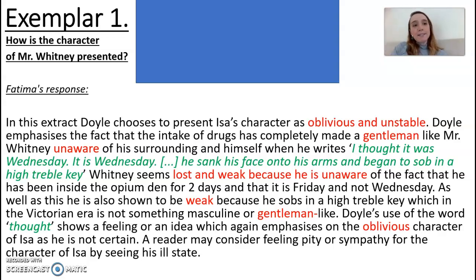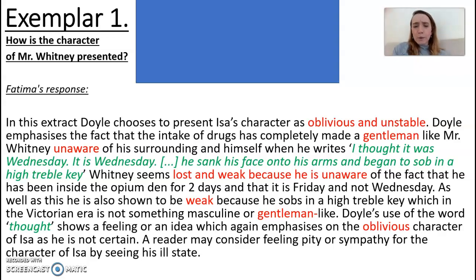Fatima says, in this extract, Doyle chooses to present Isa's character as oblivious and unstable. Doyle emphasizes the fact that the intake of drugs has completely made a gentleman like Mr. Whitney unaware of his surroundings, and himself, when he writes, I thought it was Wednesday. It is Wednesday. He sank his face into his arms and began a sob in a high treble key.